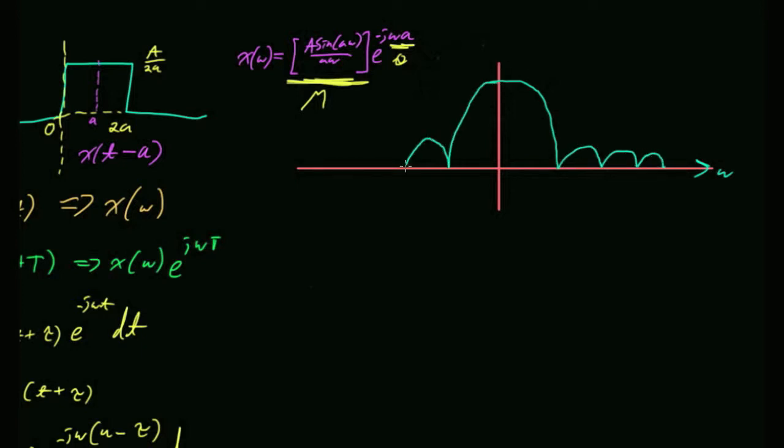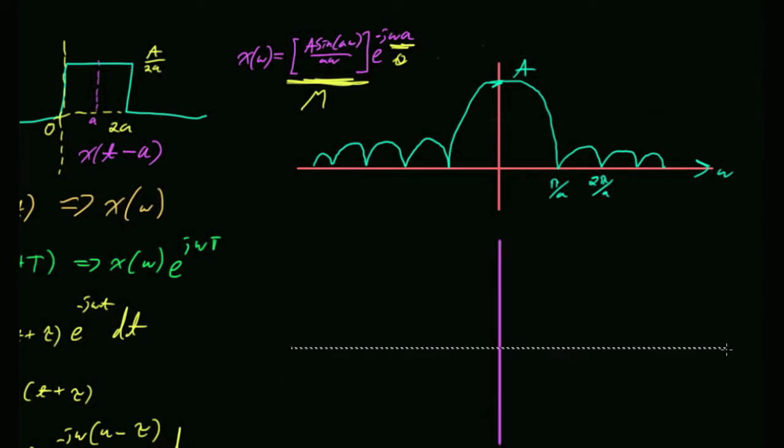Okay, now we have the headache of trying to deal with phase angle. So, I'm going to walk you through this. It's not hard, but you just have to keep track of all the pieces of this, okay? So what is the phase angle? Remember, a generic complex number is m e to the j theta.